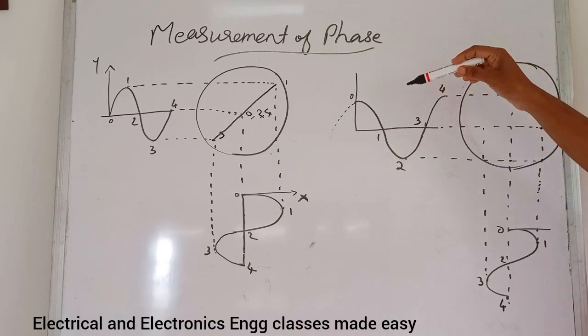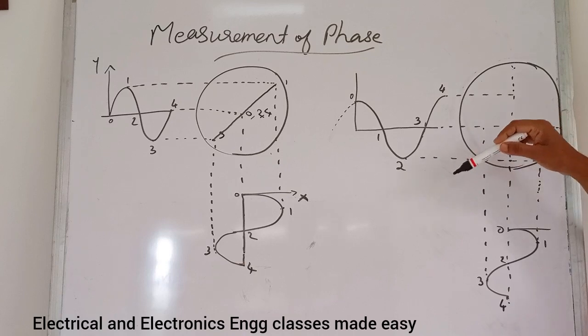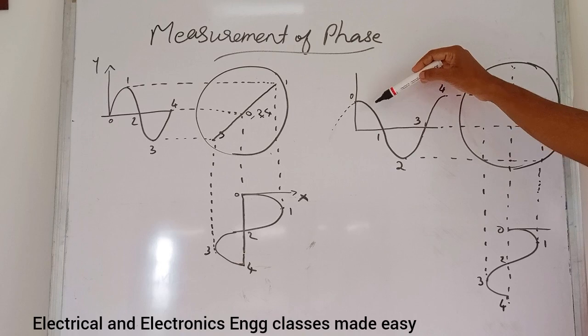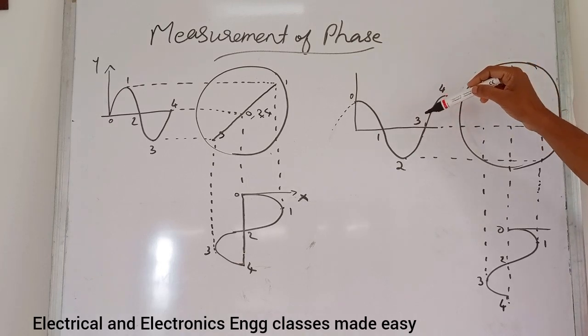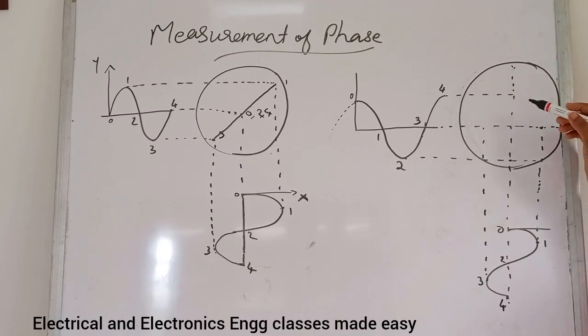Similarly, when two equal voltages of equal frequency but with 90 degree phase displacement are applied to a CRO, then what will be the trace on the CRO?